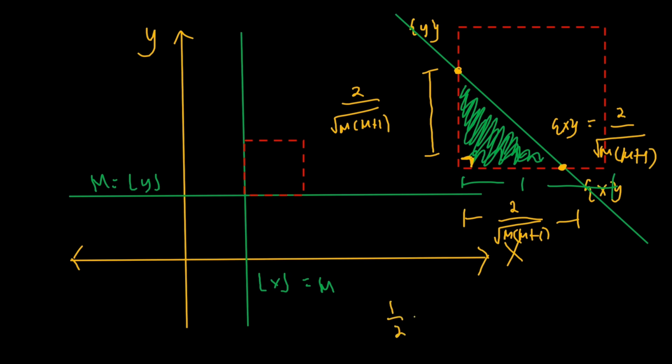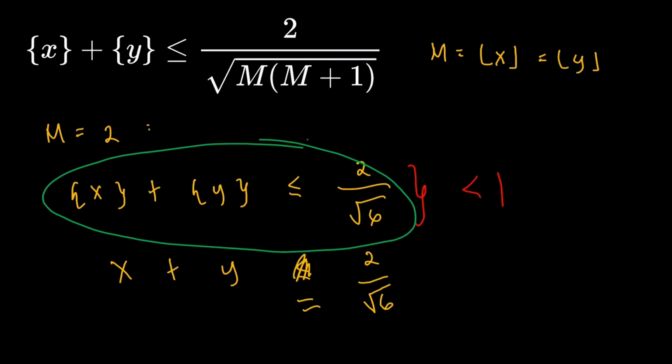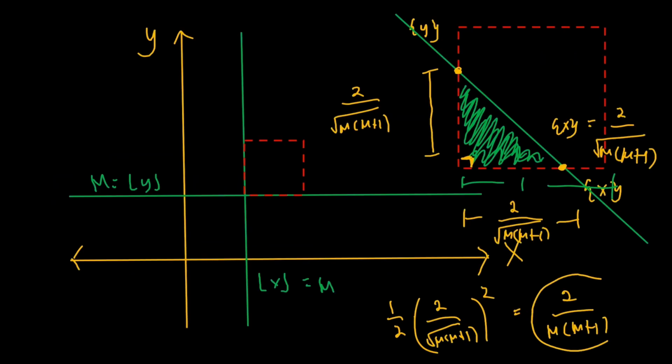So 1/2 times base is going to be this one. Essentially, I'm just going to square this, right? And that's going to give me 2 divided by m times m plus 1. That's going to be the area of the region enclosed by this equation. Now, I considered m equals 2 here, but generally, it's going to be this for each possible value of m.